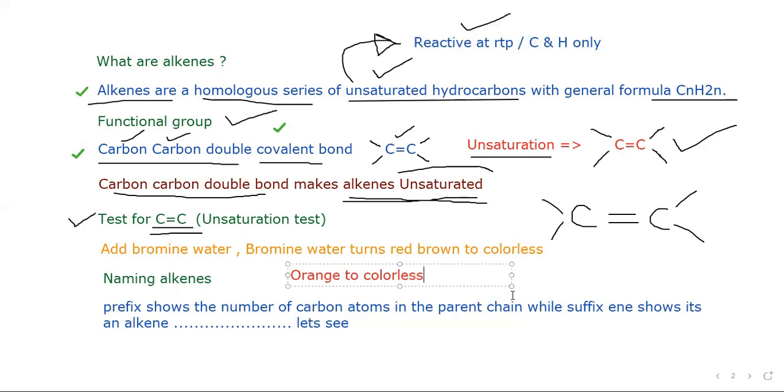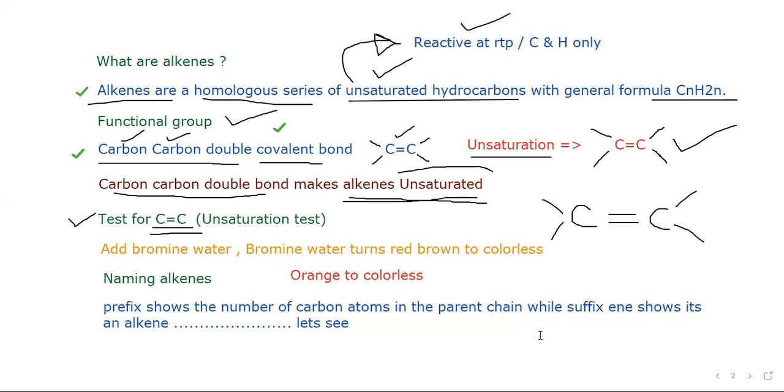Any confusion? So basically the test for a carbon-carbon double bond is the unsaturation test. We need to add bromine water, and if the bromine water turns red-brown to colorless, then the alkene is present. It's a positive test for unsaturation.